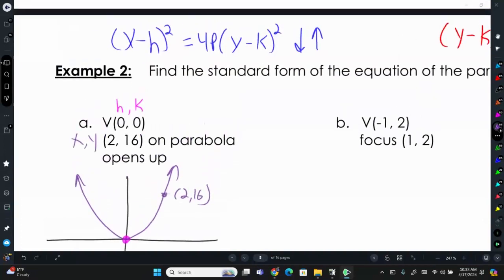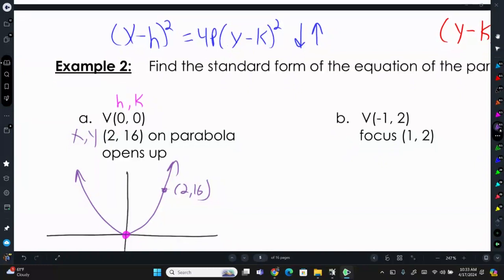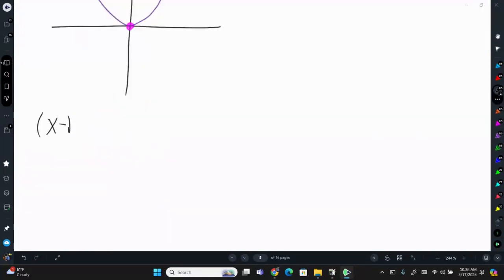Well, we can take H, K, X, and Y and substitute it into this equation in blue right here, and then solve for P. And again, we know we're going to use this one because this formula, the one in blue, is for opening up or down, and we're told that this opens up. So let's write out the formula.